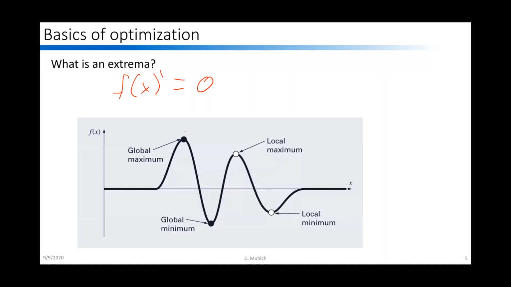So if I'm sitting at this global maximum, my first derivative is equal to 0. If I'm sitting at the global minimum, my first derivative is equal to 0. And then we can say the same thing at the local set. So we can now define mathematically what maxima and minima are.